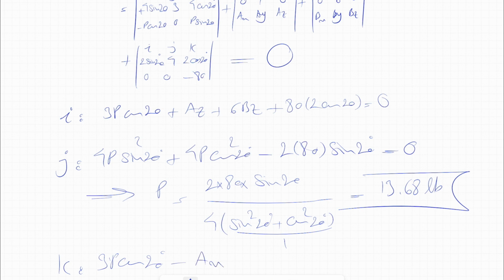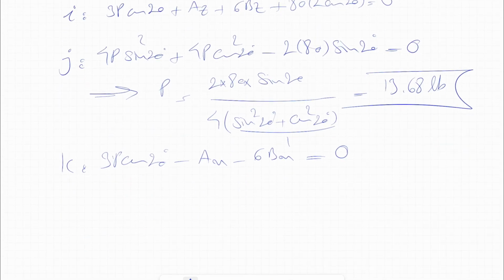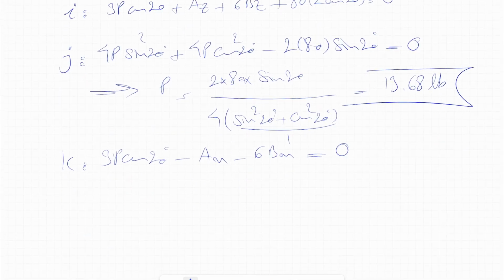From the second one, we'll have minus AX, and the last one will have minus 6 times BX from the reaction forces at B, and from the weight, there wouldn't be any moment. So still we have too many unknowns, which means we need to move on to our force equations.